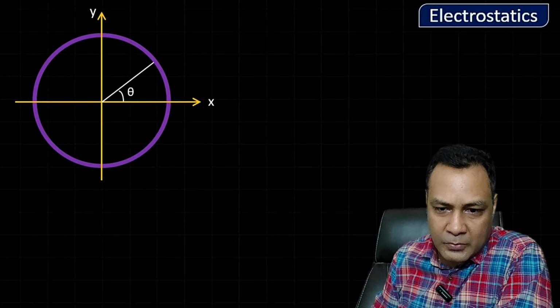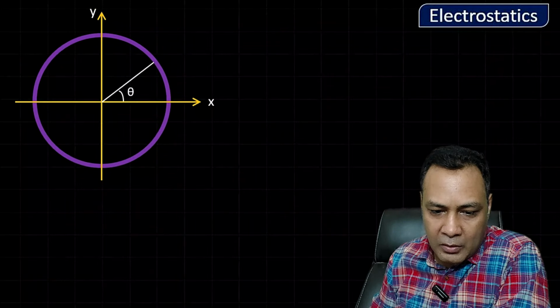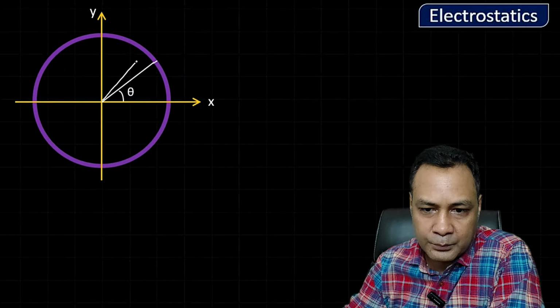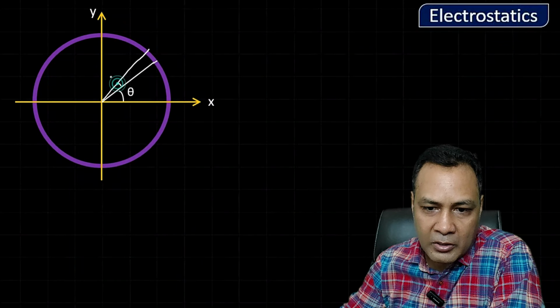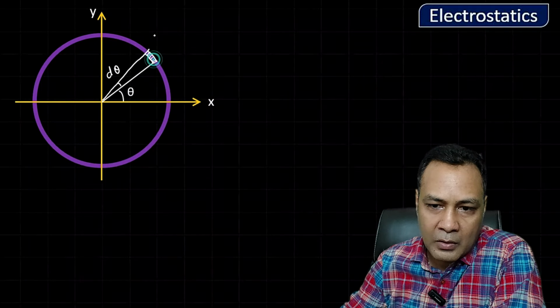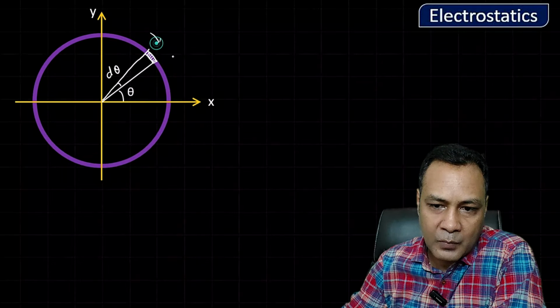So go to next page. So here that was the ring. We have to take an element. So for the element, I will take some element between angular position theta to theta plus d theta. So that is my element. This element has a length.